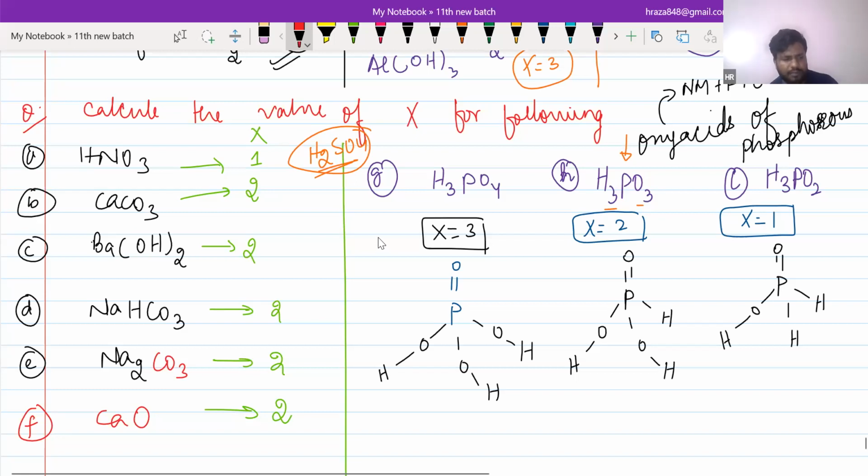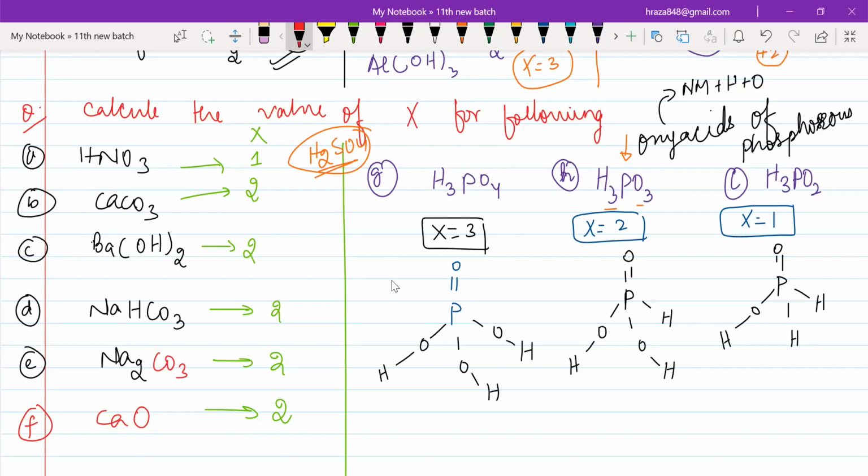Electronegativity is the property of an element which withdraws the bonded electron. Oxygen is the second most electronegative element, and hydrogen is much less electronegative than oxygen. That's why oxygen will attract electrons from hydrogen, and it will have delta negative and delta positive charge.